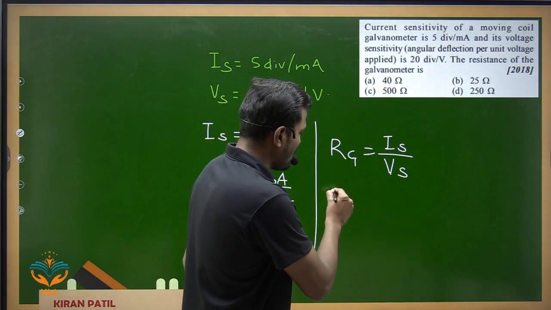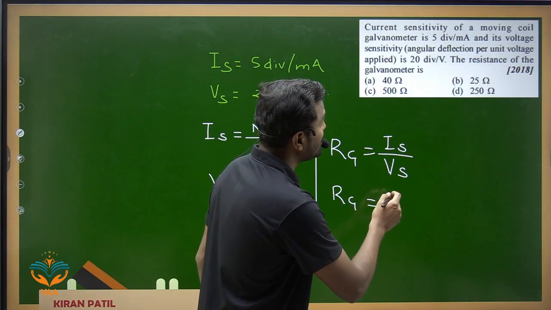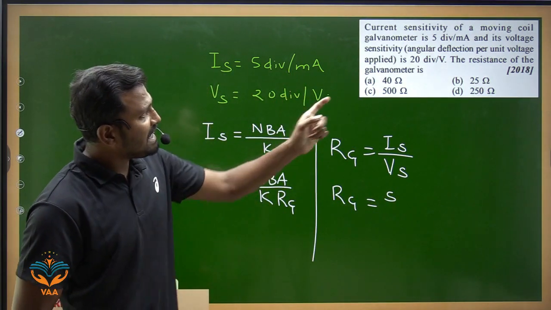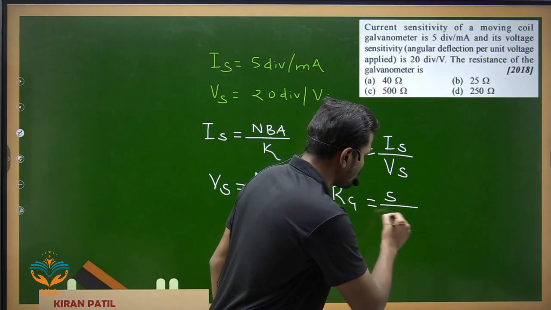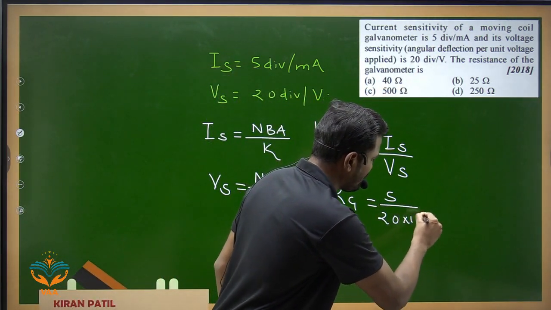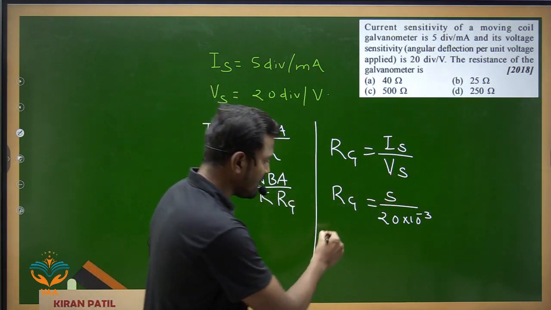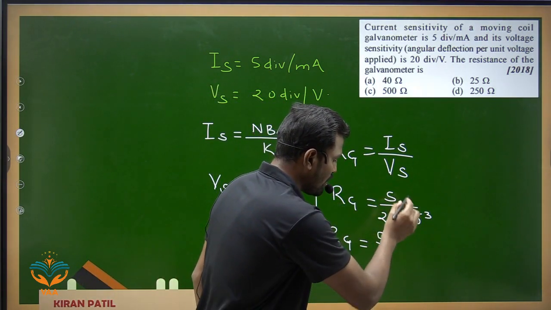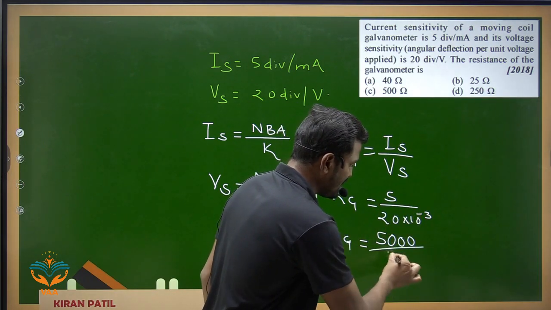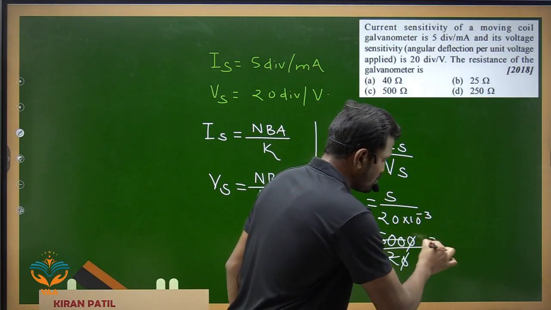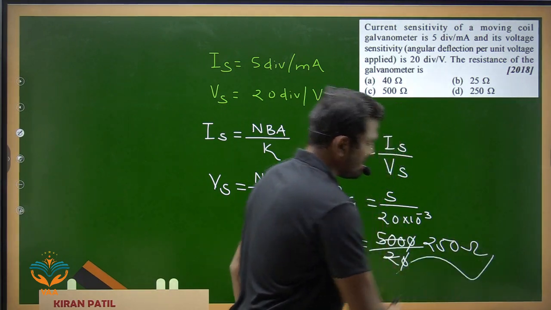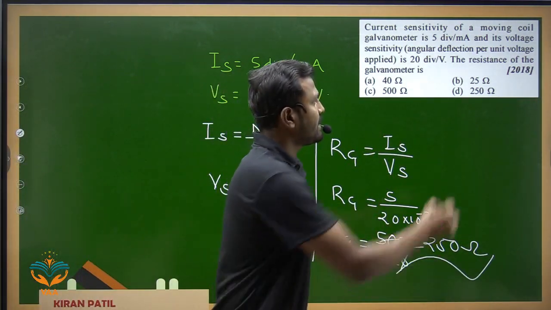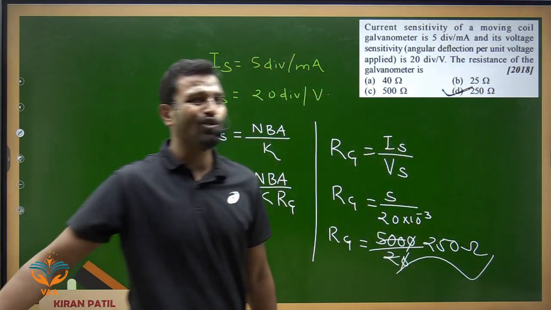So RG is equal to 5 divisions per milliampere, and I have to convert the voltage sensitivity to millivolts, so 20 into 10 to the power minus 3 goes in the denominator. So it is 5000 divided by 20, which gives 250 ohm. The answer is option number 4.